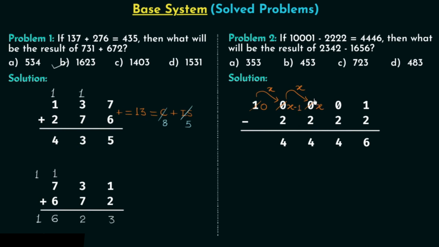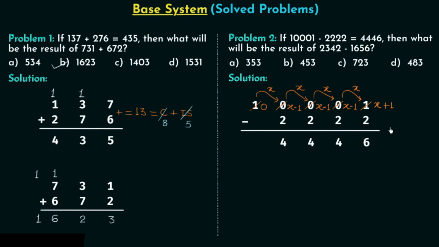Then we will give borrow to this 0, and the borrow will be equal to base x. Here we will have x plus 0 equal to x, and here we will have x minus 1. And finally we will give borrow to this 1, which is equal to x. So here we will have x plus 1, and here we will have x minus 1.